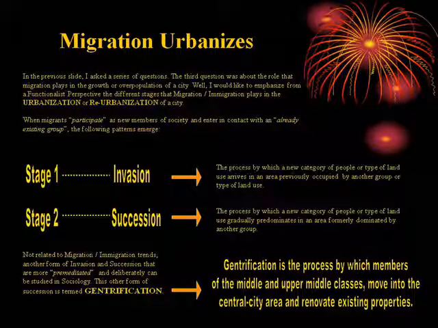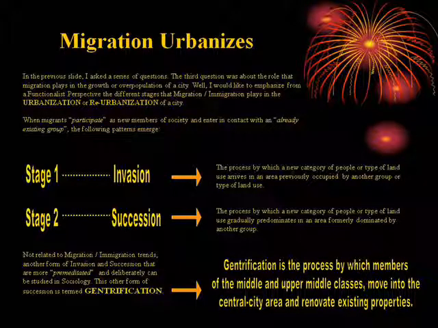Okay, let's see. We have two forms of succession, by migration or immigration. Stage 1, invasion, is the process by which a new category of people or type of land use arrives in an area previously occupied by another group or type of land use.